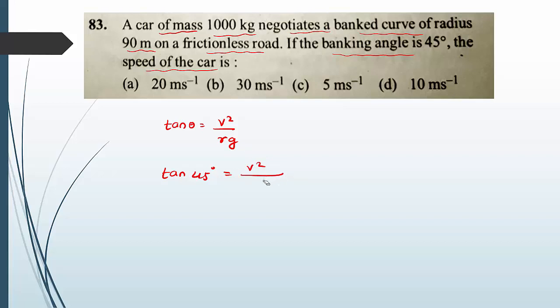Radius is given 90 meter and acceleration due to gravity is 10. So calculate this value, we will get the final answer 30 meter per second, because tan 45 is 1. So after calculating, we got the answer 30 meter per second. Go for option B. So these questions are based on circular motion and banking road. So we solved applied multiple choice questions from each topic.